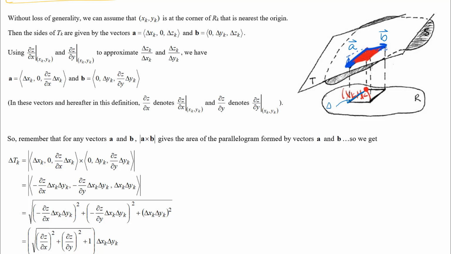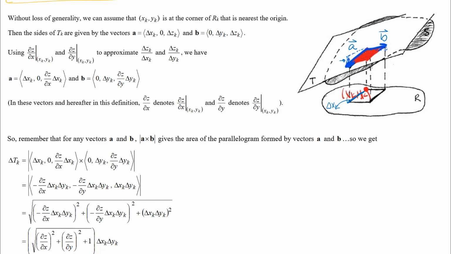The side parallel to the x-axis here would be our delta x. So this vector has a delta x distance in the x direction, in the i component direction, 0 in the j component direction, since we're going parallel to the x-axis, and delta z would be how far up or down that vector goes. And so that gives you the tilt of that little tile that's up on the surface there.